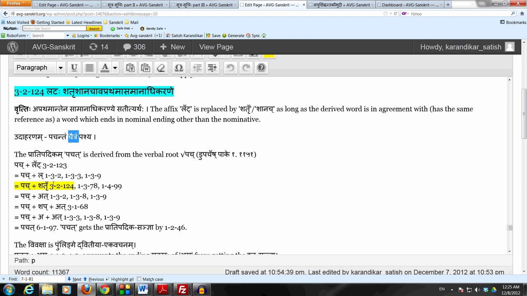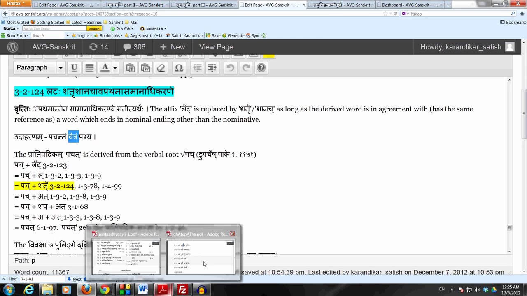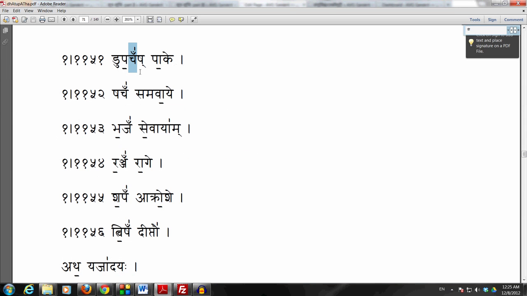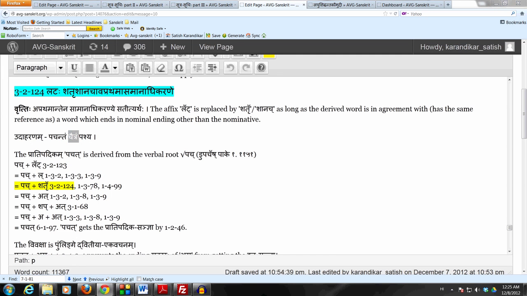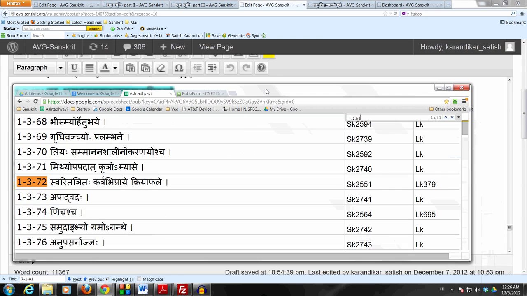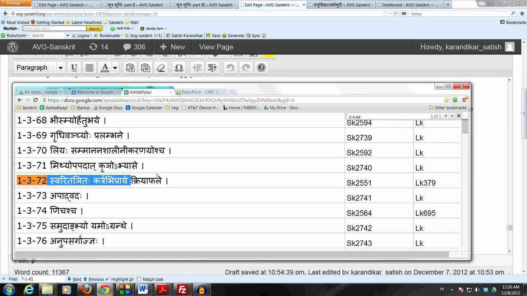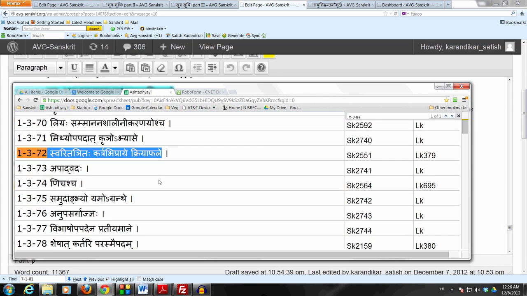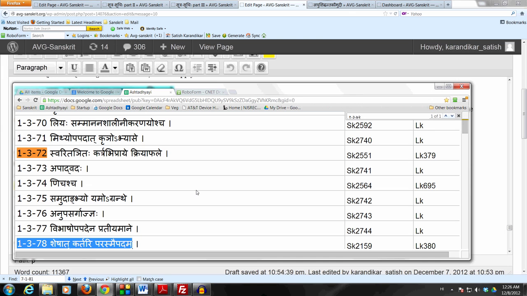And we also know this dhatu pach is ubhayapadi, because in the dhatu pathaha, this du pachash, the akaraha following the chakaraha, which is the it letter, has a svarita svaraha. So therefore by 1.3.72 svaritanjitaha kartrabhiprAye kriyAphale, atmanepadam, or 1.3.78 sheshat kartari parasmaipadam, we get parasmaipadam. So let's take the parasmaipadam here by 1.3.78 sheshat kartari parasmaipadam.